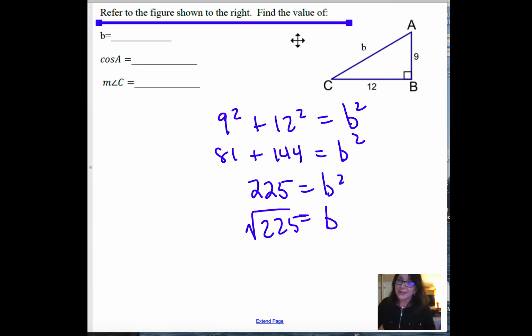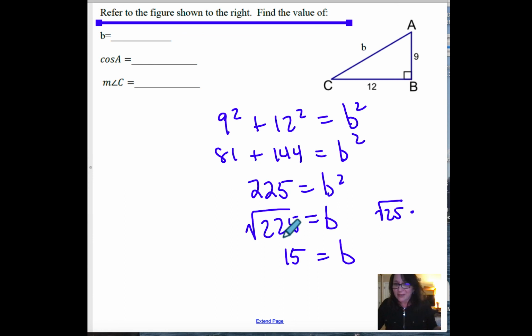Now, most likely for these problems I'm going to have to leave these in exact value, at least this first one. If not, my approximate value of the square root of 225 is 15. Now, what I was going to do was this. I was going to say, well, 25 times how many values?